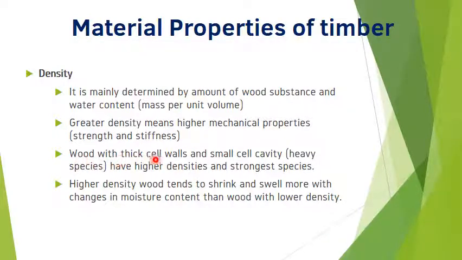Wood with thick cell walls and small cell cavities, which is for the heavy species, has higher density and is a stronger species. Higher density wood tends to shrink and swell more with changes in moisture content than wood with lower density.